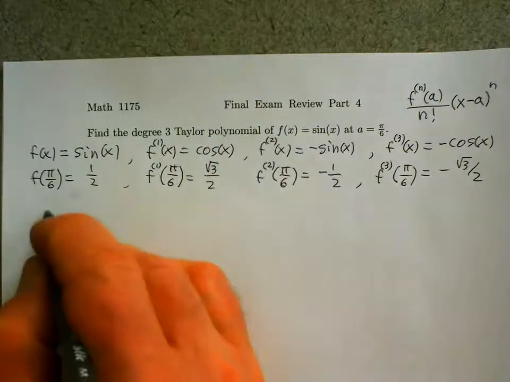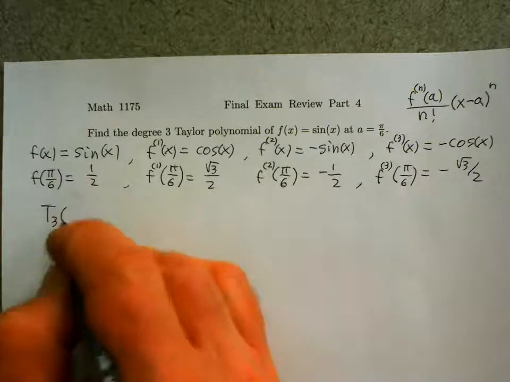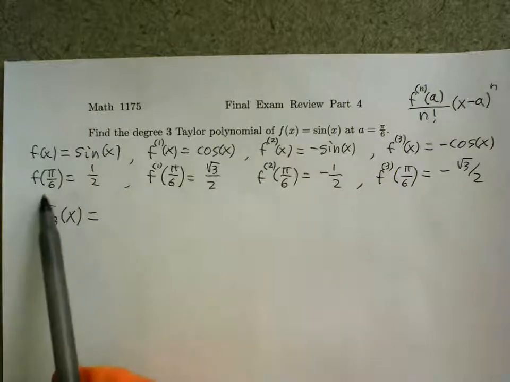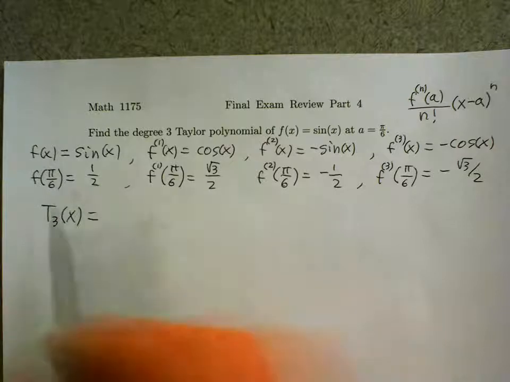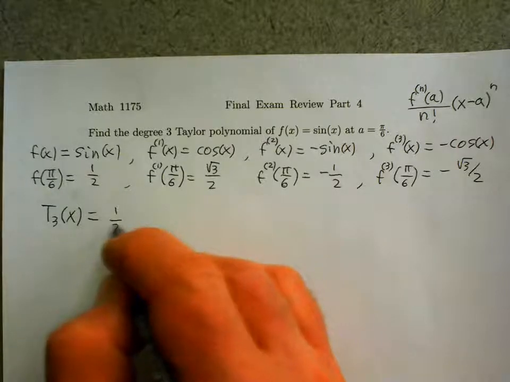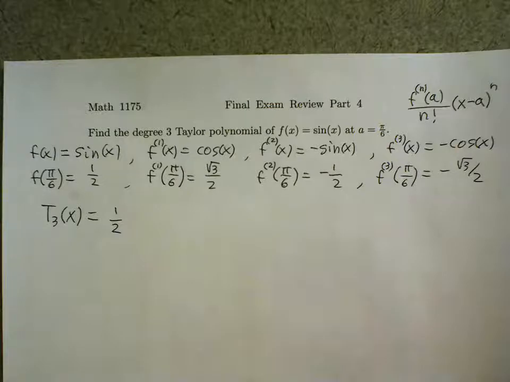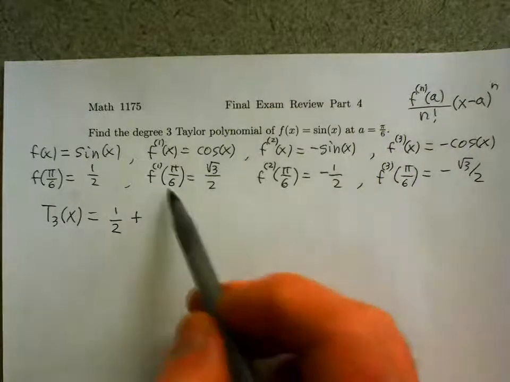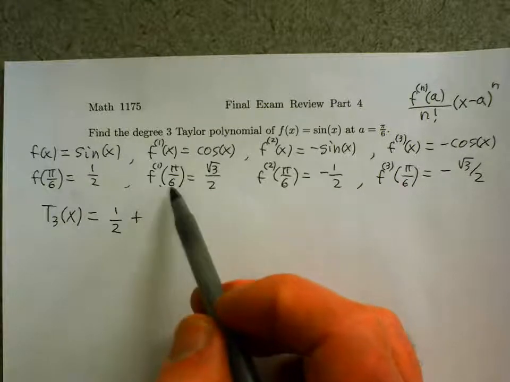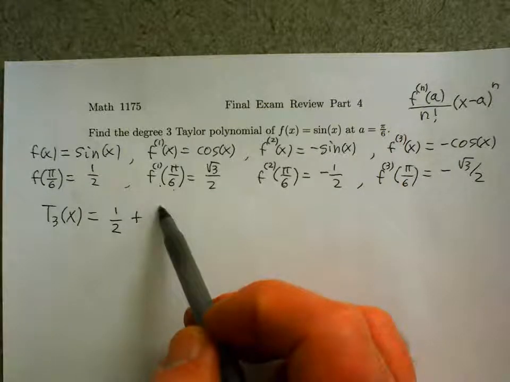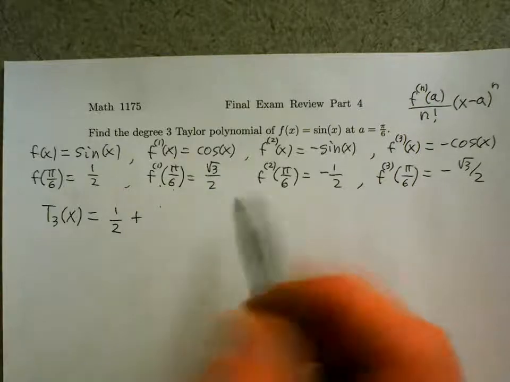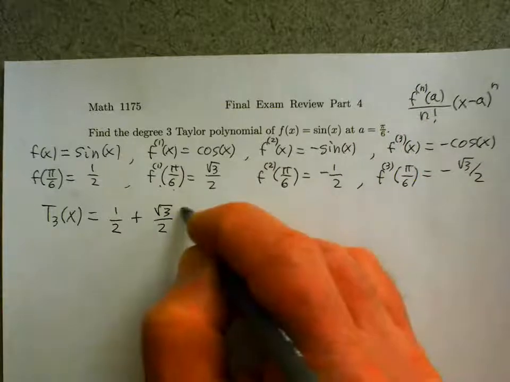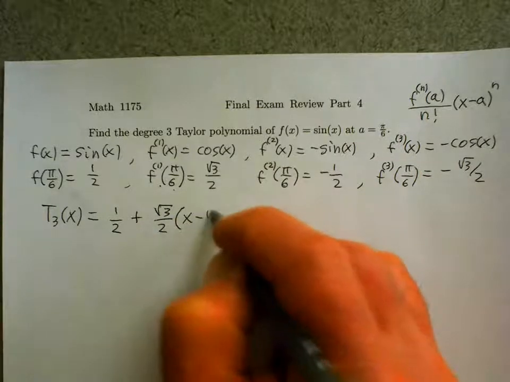Okay, so the degree 3 Taylor polynomial: the first term is just f of a, which is f of pi over 6, or 1/2. And then the next term, the first derivative evaluated at a divided by 1 factorial, and then times x minus a. So this one is the square root of 3 over 2 times x minus pi over 6.